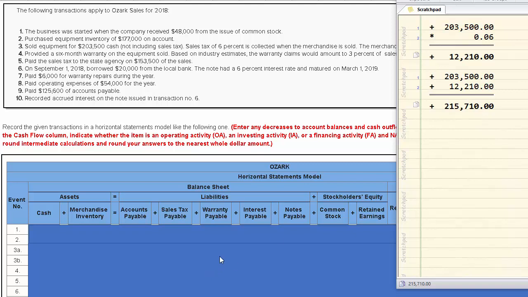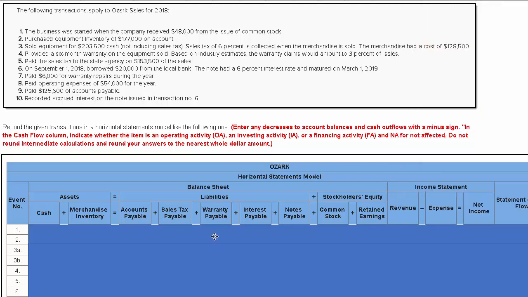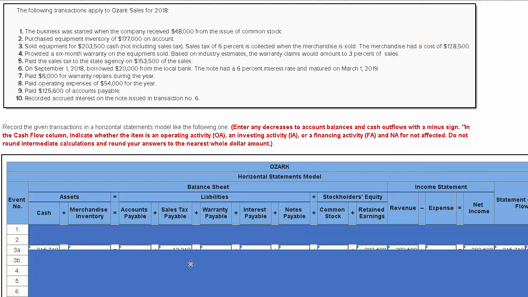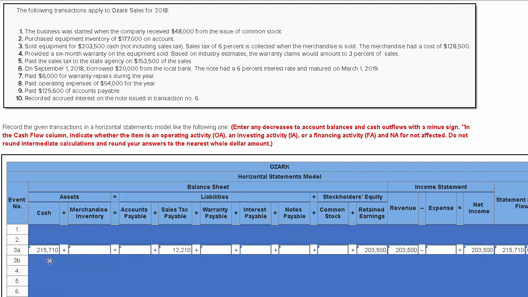All right, so if I slide this down, now this is 3A, there's our $215,710. So we've got an increase of cash, $215,710. We have an increase in the sales tax liability of $12,210.